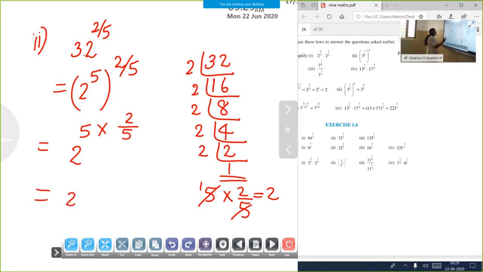So the answer is 2 raised to 2. What is 2 square? 2 into 2. So the final answer is 4. This way you solve it.